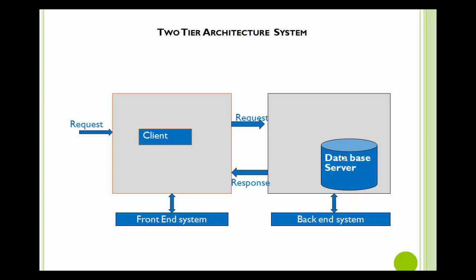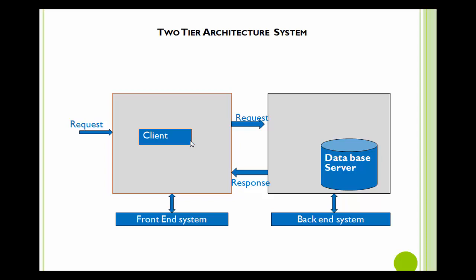The request goes as a REST request and it is validated, or whatever query you execute, you get a response from the back end to the client, right? You can easily validate on the client side and you can easily validate on the server side, right?